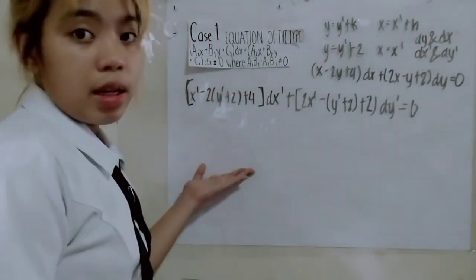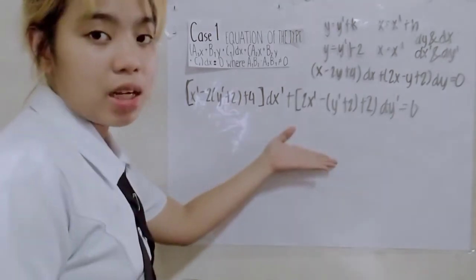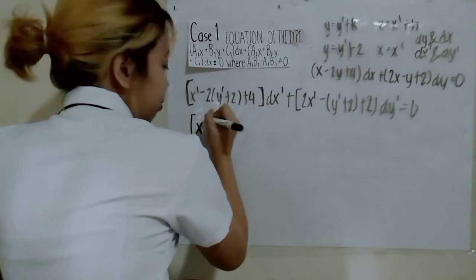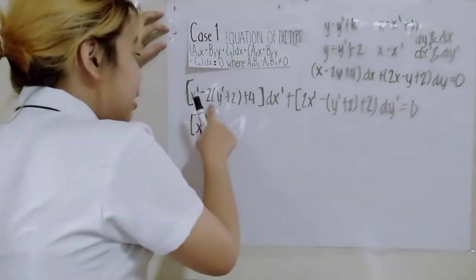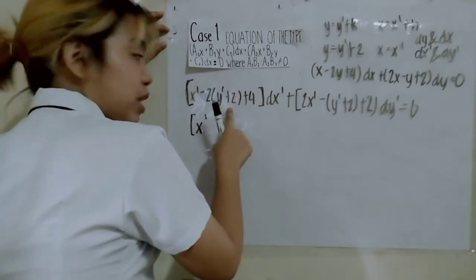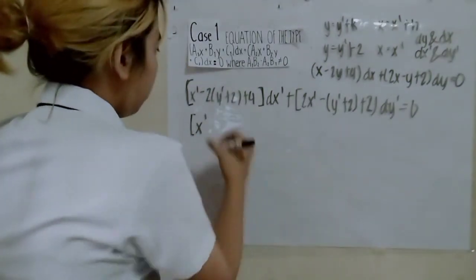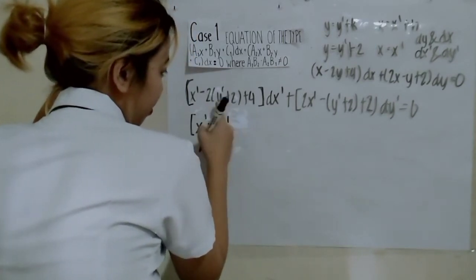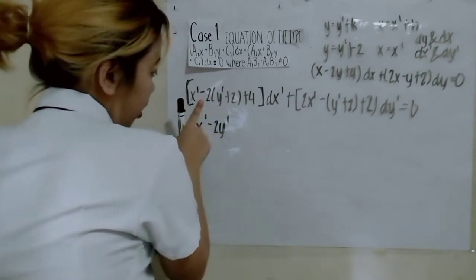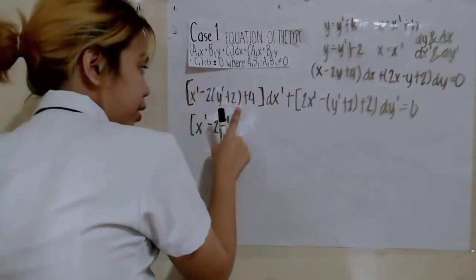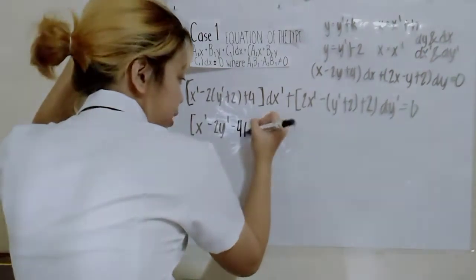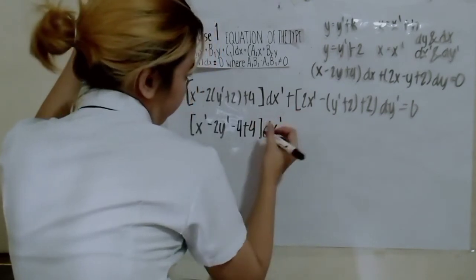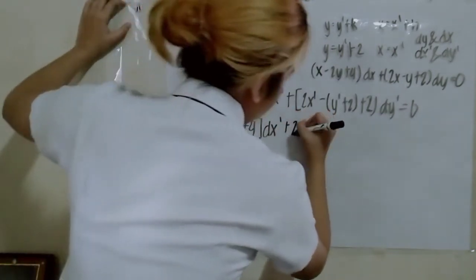Now that we have substituted, we simplify. x prime, then distribute the 2 to y prime and plus 2, so it becomes negative 2y prime. Negative 2 multiplied by 2 is negative 4, plus 4, dx prime, plus 2x prime.